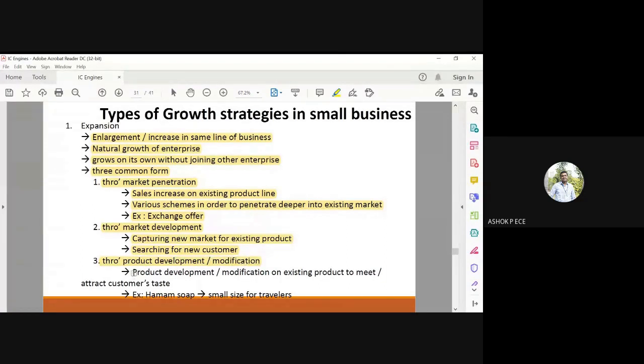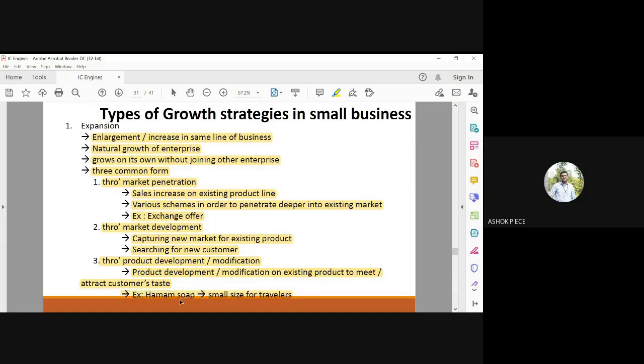The same product may become boring for customers, right? So to attract the customers, you make minor modifications to the existing product and you capture the market for that. For example, Hamam soap is very big. It is used in households, right? But when you go for a travel, you cannot carry that big soap.